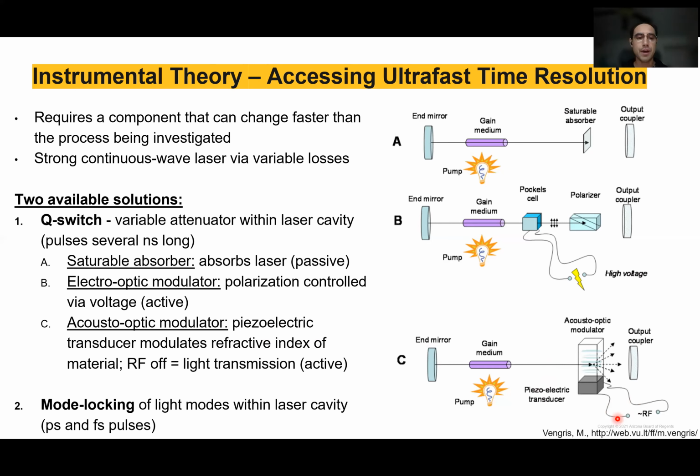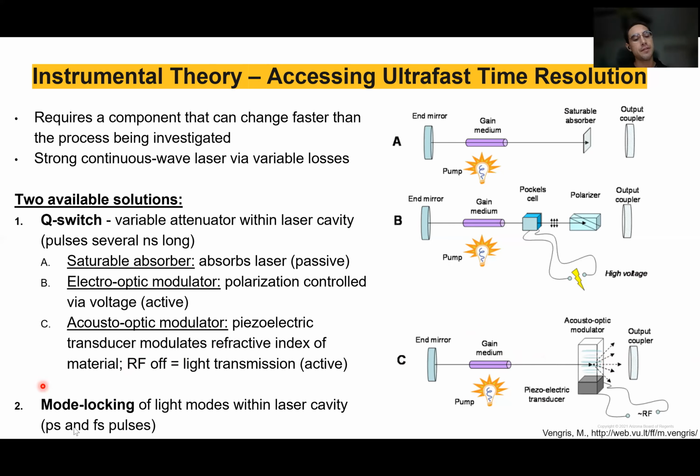When you have the radio frequency on, you end up scattering the light, and when you have the RF off, once you've built up a strong enough laser, you're able to pass the light through this material to move on to the rest of your experiment.